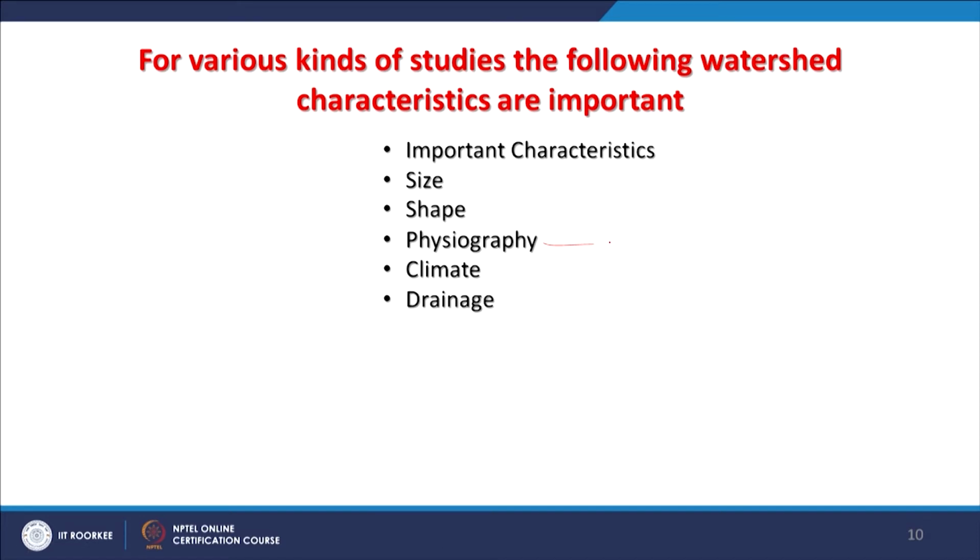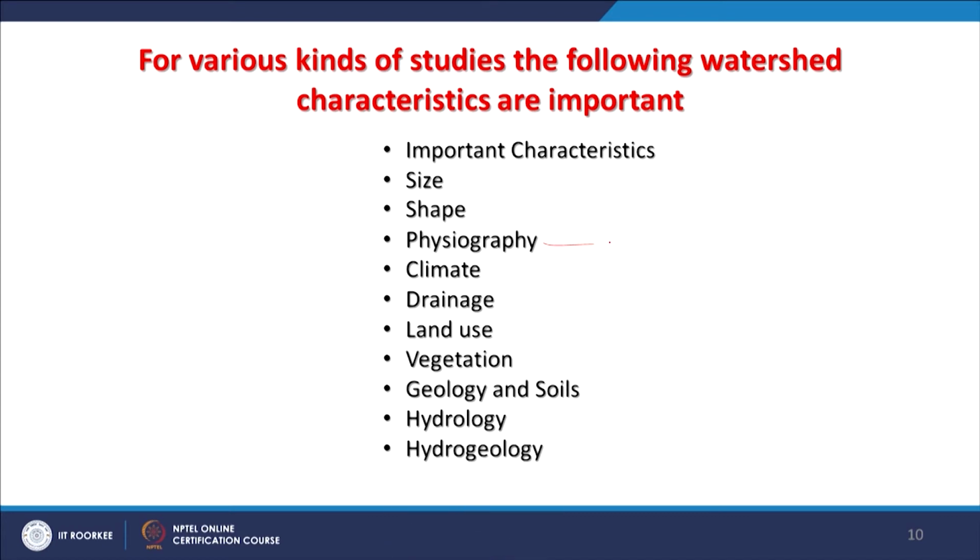These are used for climate studies, drainage studies, land use studies, for vegetation, for geology and soils, hydrology, hydrogeology, and believe me, this is not an exhaustive list. So, there can be many other things which we use for watershed characteristics in different studies.